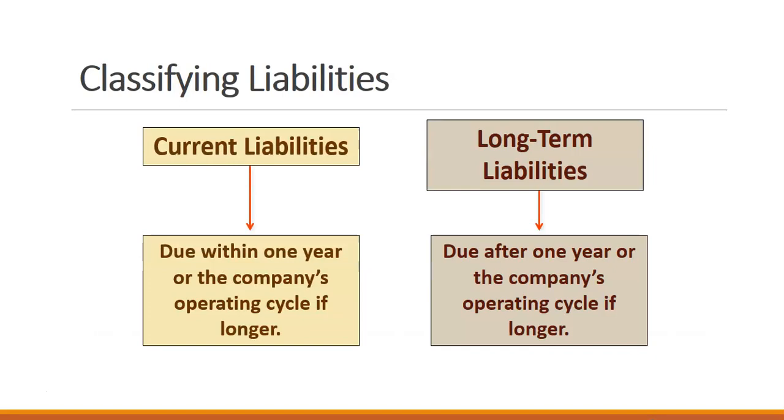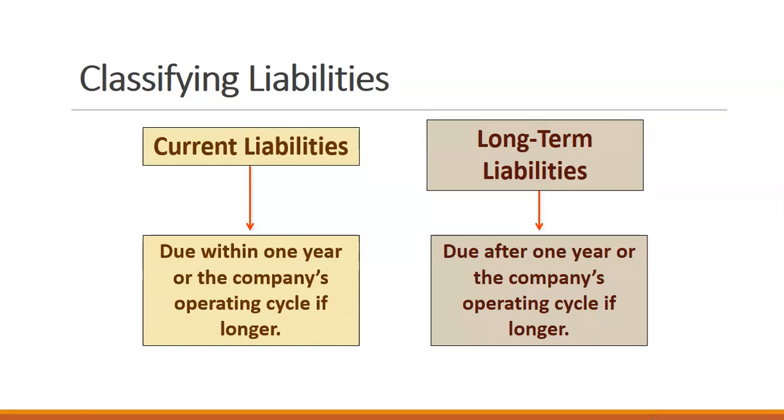So we have long-term and current liabilities. The definition of what is current and what is long-term for liabilities is the same as what is current and long-term for assets. Current liabilities are due within 1 year or the company's operating cycle if longer than 1 year. Remember, that's rare.